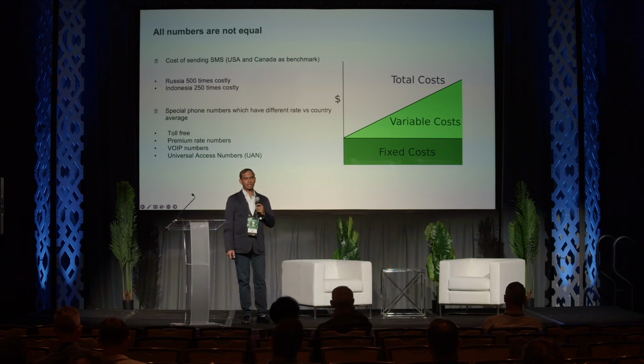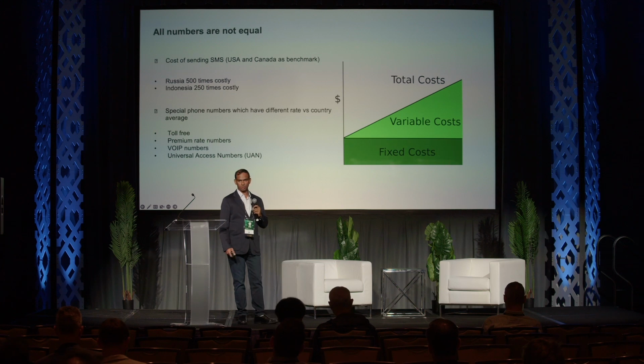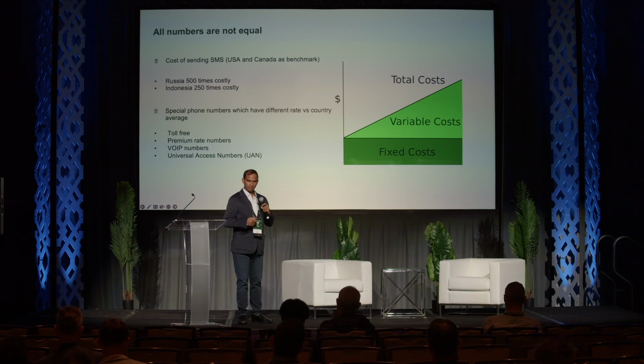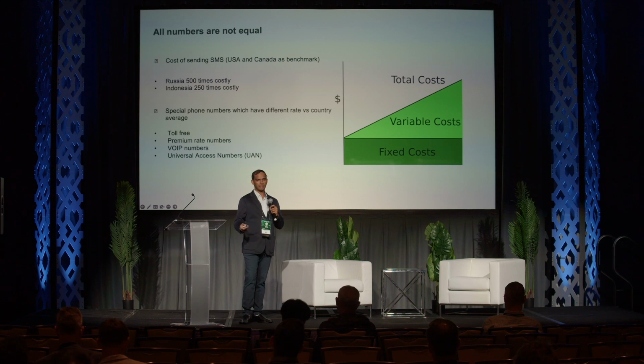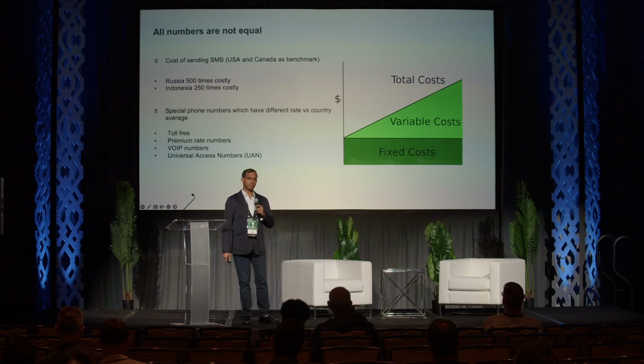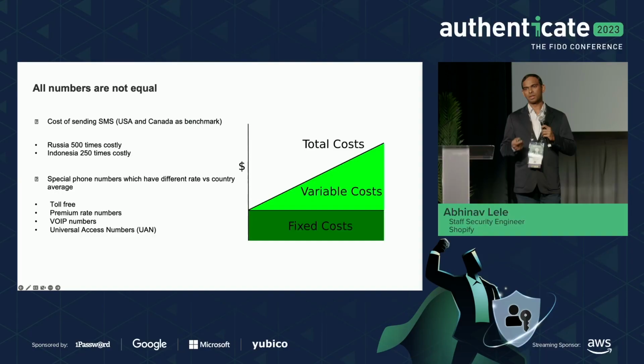Now, there are so many different types of phone numbers, but I've just listed 4 different types here: toll-free numbers, premium numbers, VoIP numbers, and universal access numbers, and all of them have different costs versus the average baseline. So let's say if you have a cent to send for your mobile number, these will probably be 2 or 3 times more expensive. So depending on how your user base is, your cost will be variable.